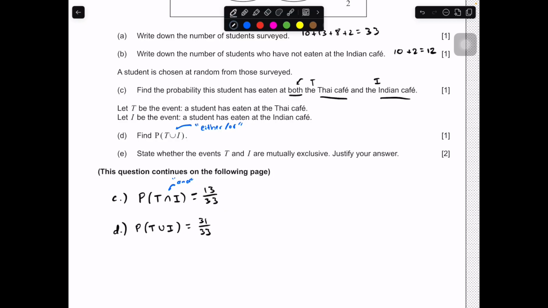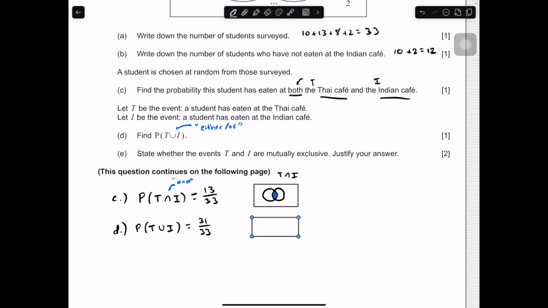Alright, just once again to summarize. I hope that's a square. There we go. So if we're talking about T and I, or just the overlap of A and B more generally, the overlap is just going to be this section because this is the and. And if we're talking about the or, for example, or is the easier case to satisfy. You just need to find the individuals that have eaten at one or the other.